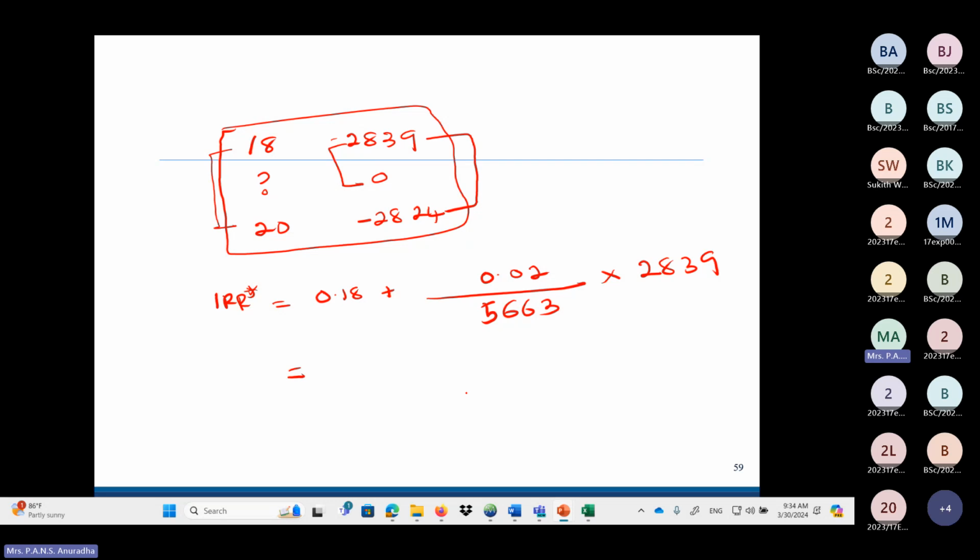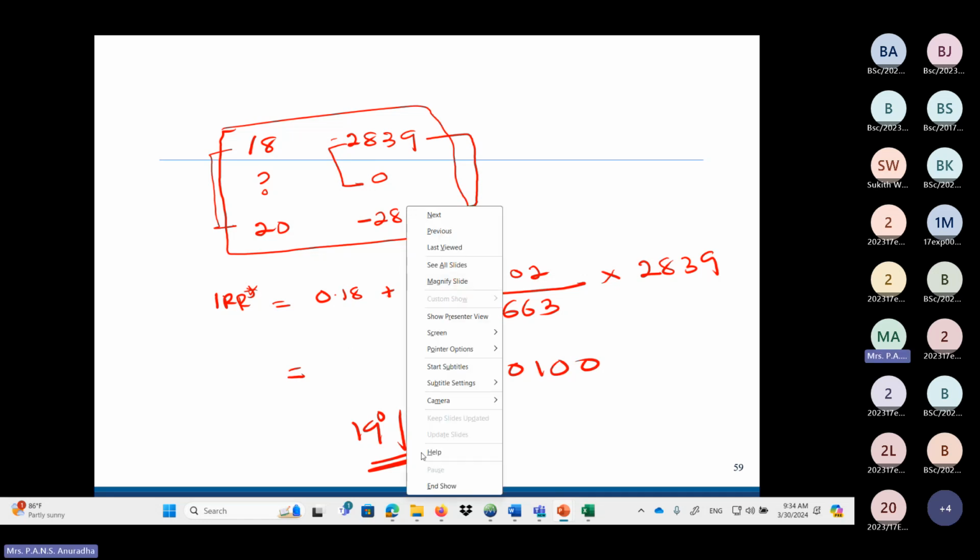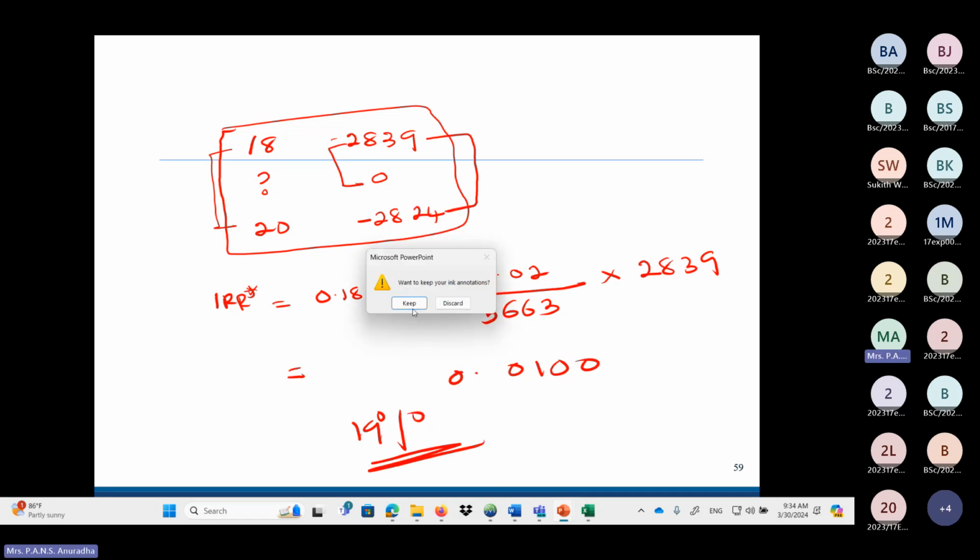You will get by calculation 0.01 plus 0.18. So approximately, is it 19%? Yes. So this is the IRR, this is our approximation.